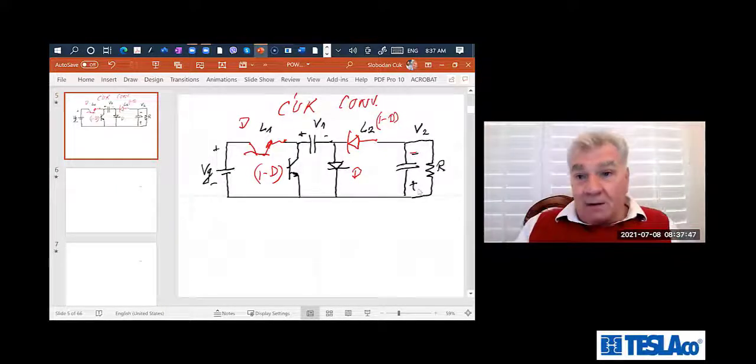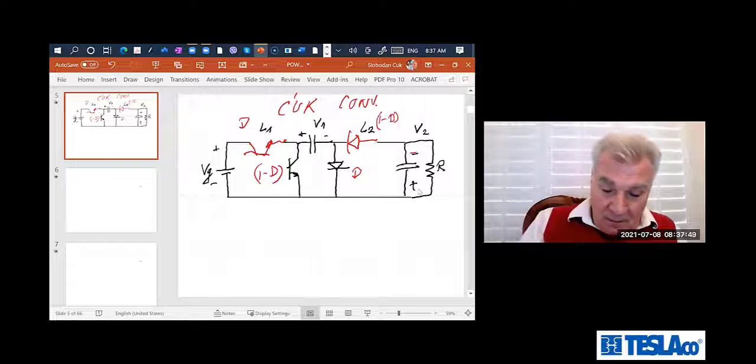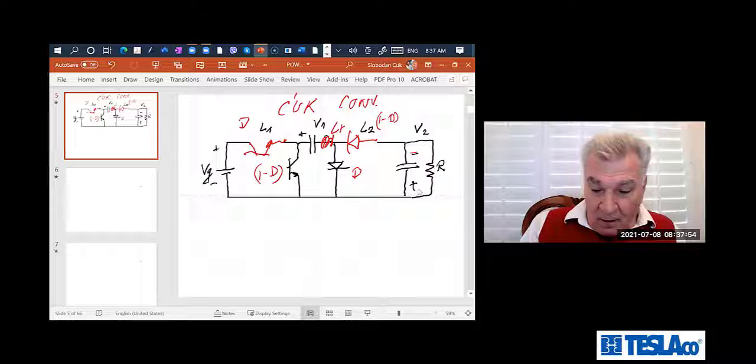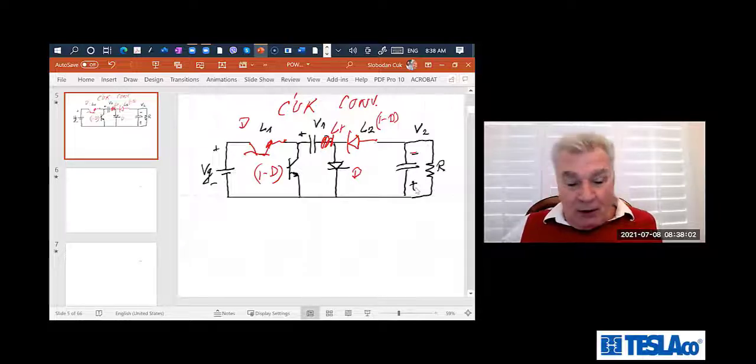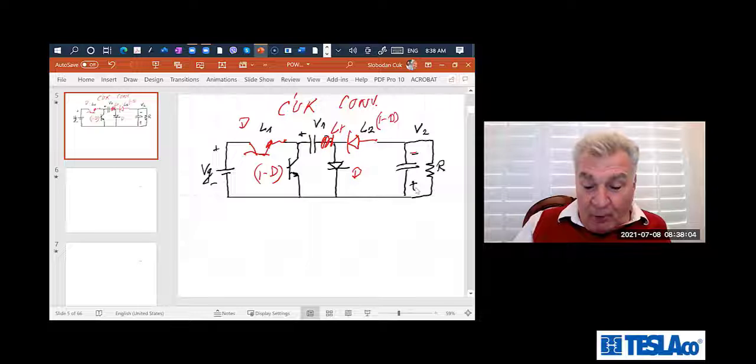What is going to fix it? Wow, what is this now? This is your storageless converter, because during on time, I have one resonance with this CR and LR here.